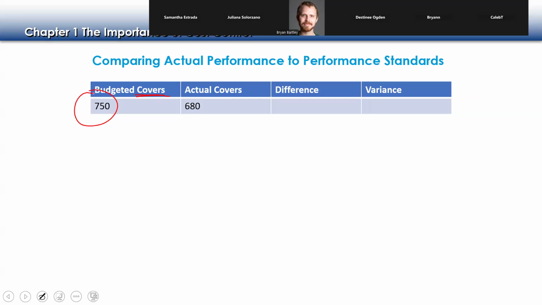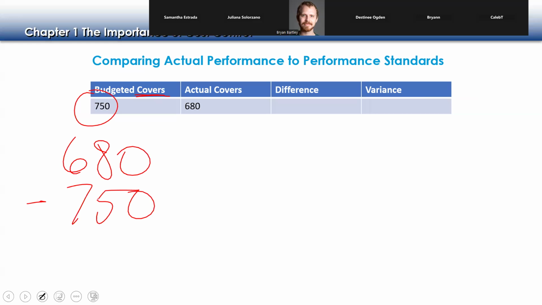But our budgeted was 750, our actual was 680. So actual minus the budgeted is equal to negative 70.